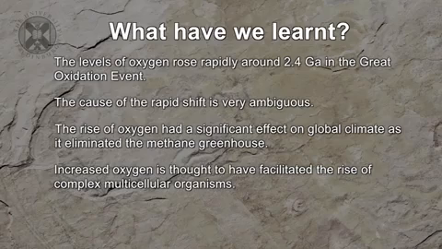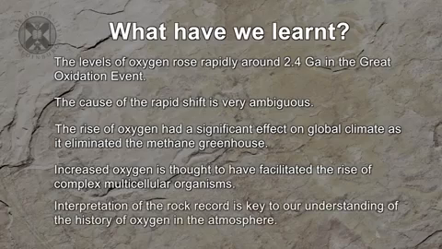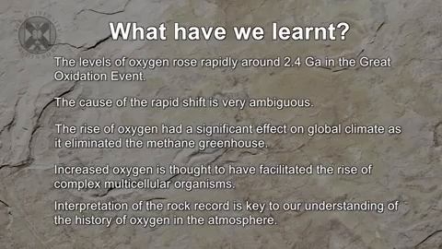It would have restricted the habitats available for anaerobic organisms that need oxygen-free environments or very low oxygen-containing environments. But it also may have led to the rise of multicellular life and ultimately may have been necessary for the rise of intelligence. And finally, we've learned something about the way in which we can look at minerals in the rock record to get an idea about how those oxygen levels changed throughout the history of our planet.